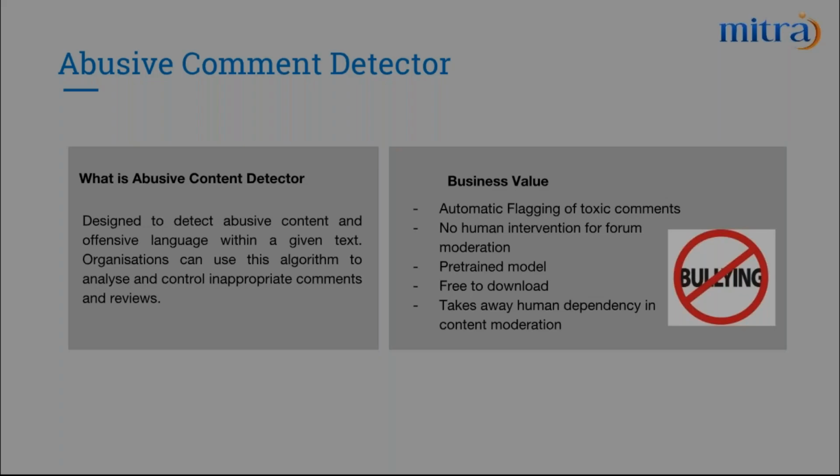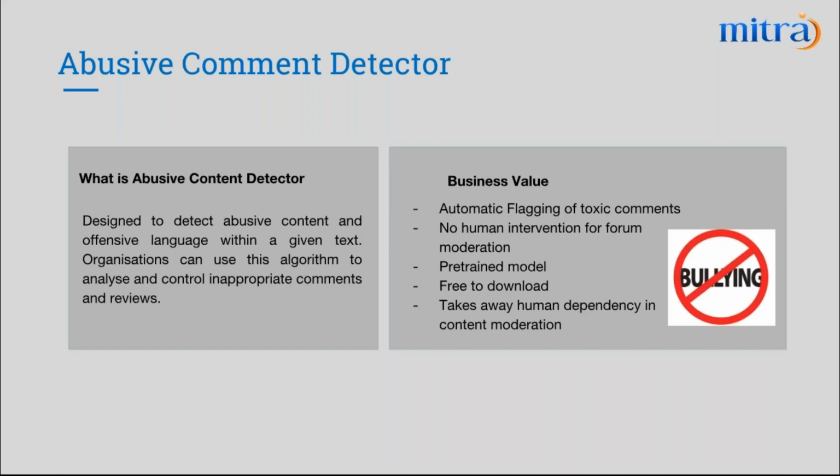So let's look at the abusive comment detector and what you get inside that. It's designed to detect abusive content and offensive language within a given text, and organizations can use this algorithm to analyze and control inappropriate comments and reviews. The business value is automatic flagging of toxic comments, so no manual moderation is needed, and it's a pre-trained model using neural networks.